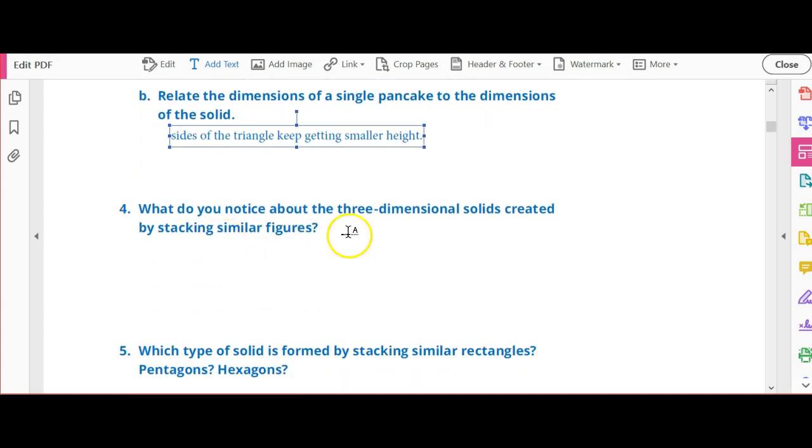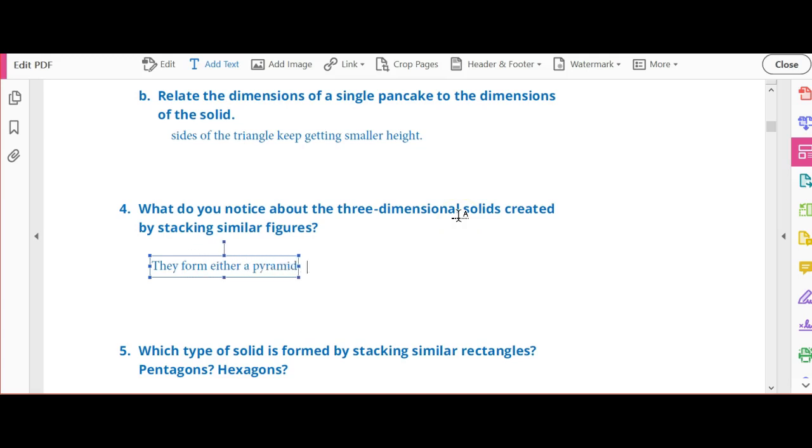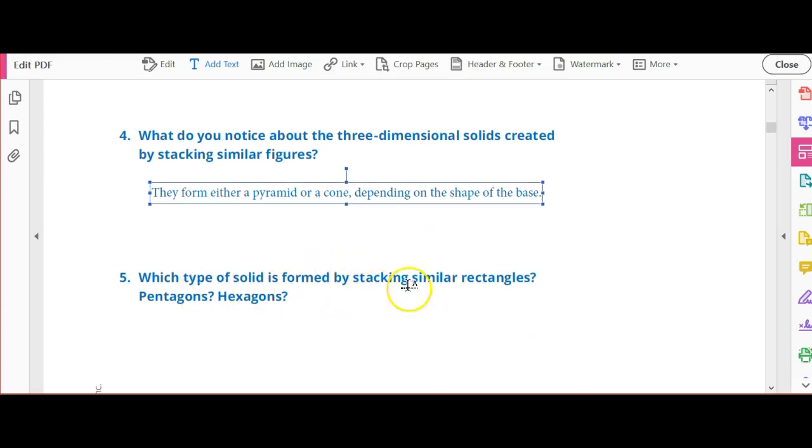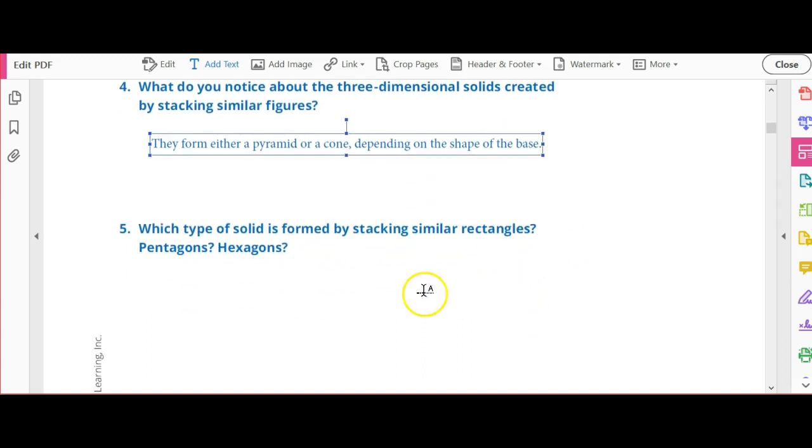All right, so what do you notice about the three-dimensional solids created by stacking similar figures? Well, I noticed they form either a pyramid or a cone depending on the shape of the base, right? What type of solid is formed by stacking similar rectangles?